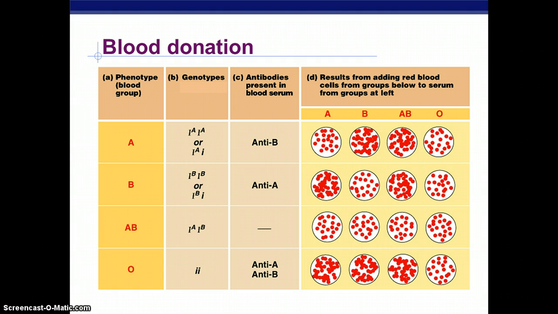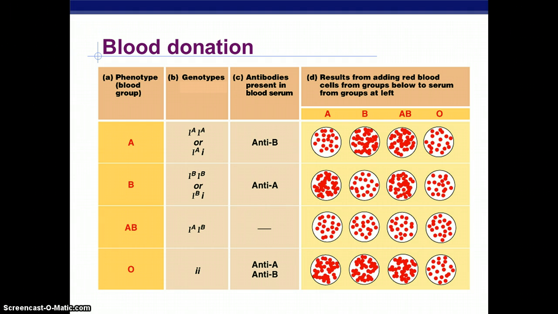So here on this chart, if you look at the left, this is the phenotype. If you have blood type A, then your genotype can either be an I with a big A, or an I A with nothing. This means if you are type A, you are anti-B. And if you follow down the chart, B would be anti-A.